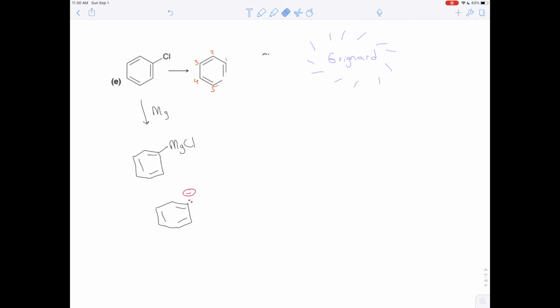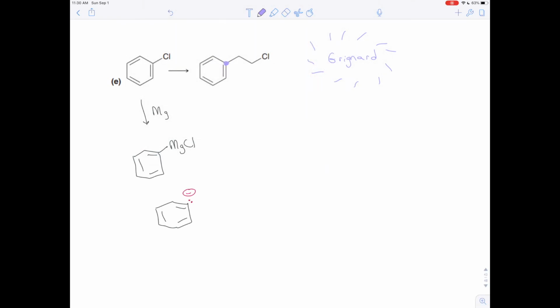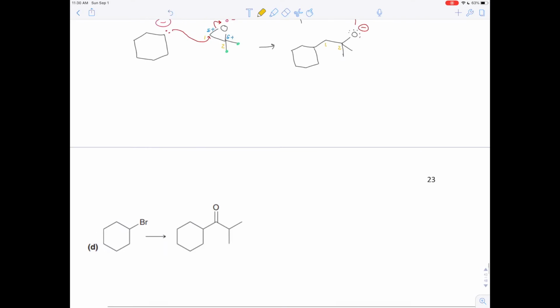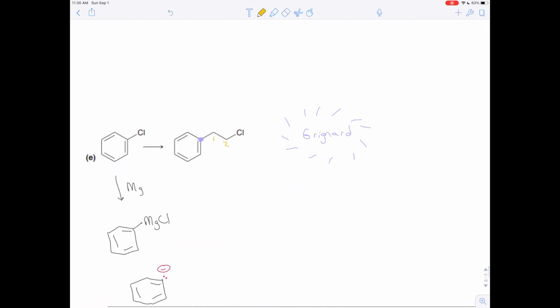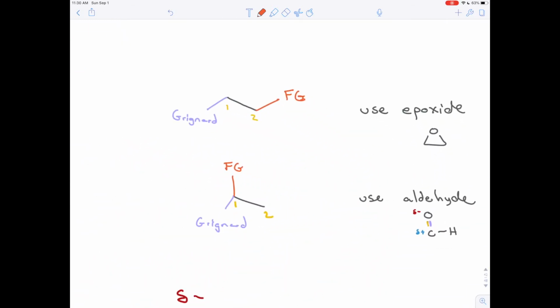Okay, well if that's our nucleophile, then we can go over to our product and look and see, okay, if this is the carbon that we're going to be attaching, then the thing we want it to attach to would have 2 carbons. And as we've seen before, our little functional group here is on carbon number 2. And if the functional group is coming off of carbon number 2, we want to use an epoxide to make that happen.